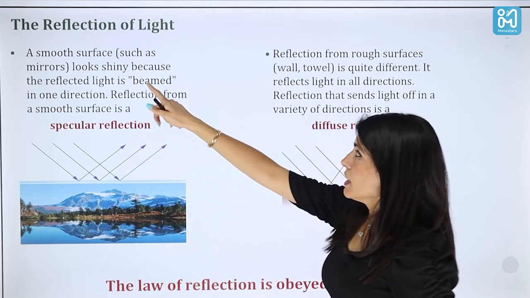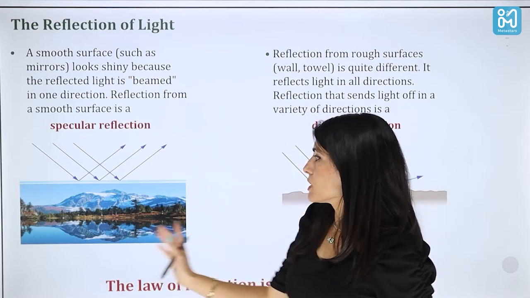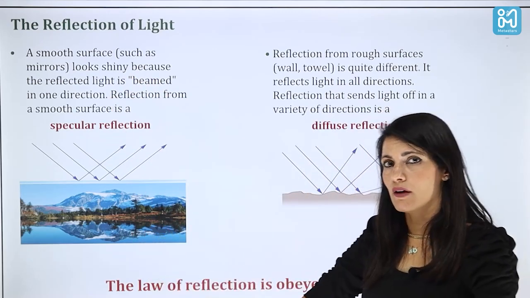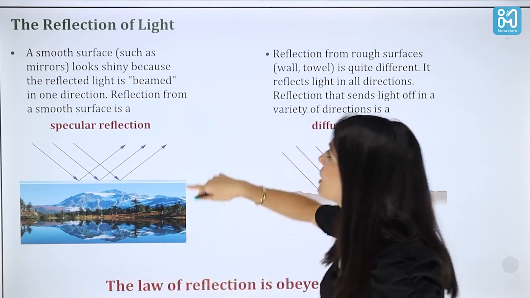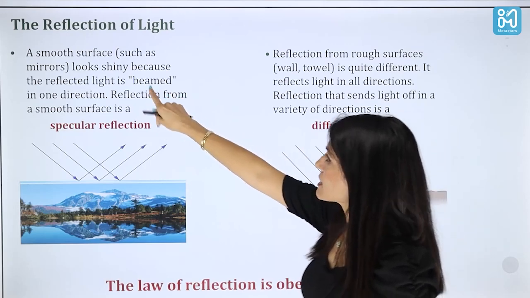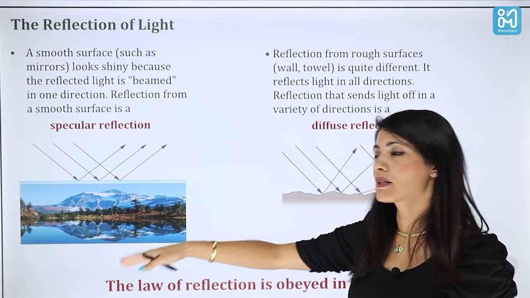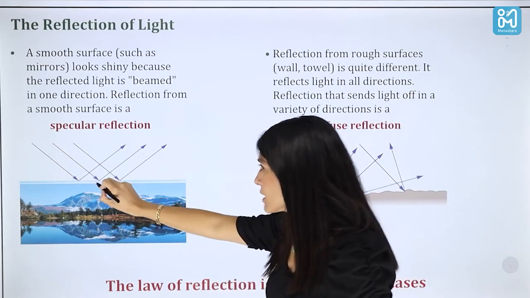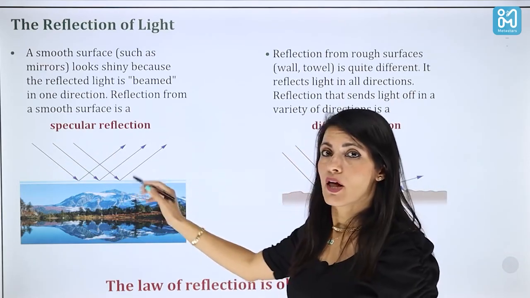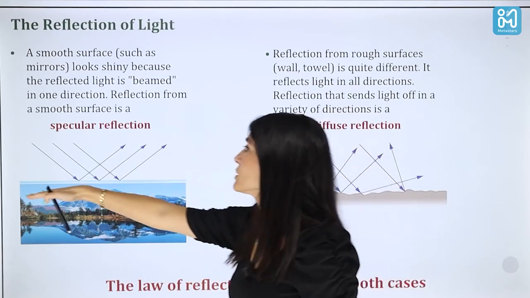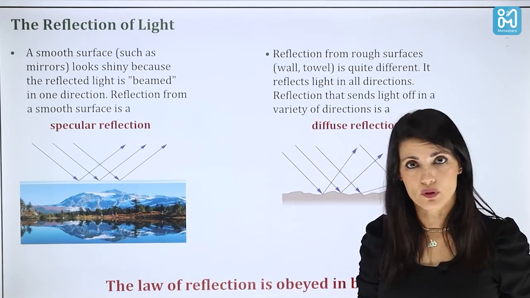However, if we have a smooth surface, such as a mirror, or maybe the water surface, it is shiny, it reflects light, and all the light will be reflected in the same direction. Look at the incident rays, they are parallel, they would be reflected parallel because the surface is very smooth.